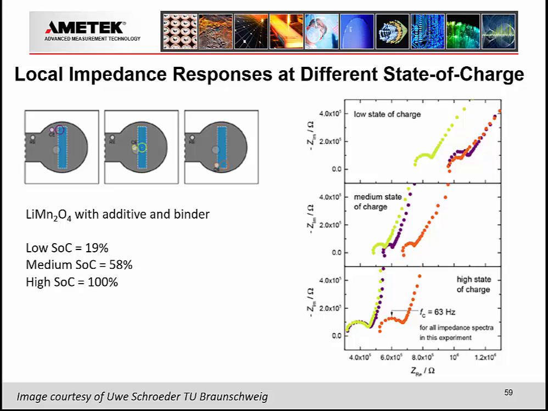So here's local impedance responses at different states of charge and different positions across the electrode. Much like when we did the state of charge analysis in a bulk format earlier, what we're doing here is looking to identify a given frequency that we can come back and make that measurement and make that data map.